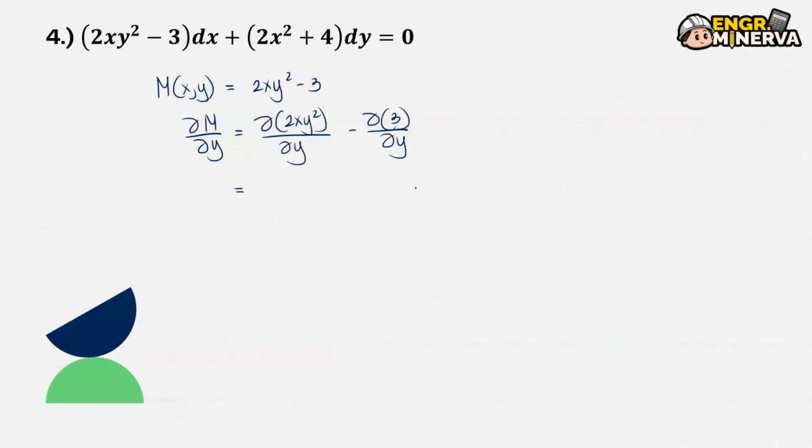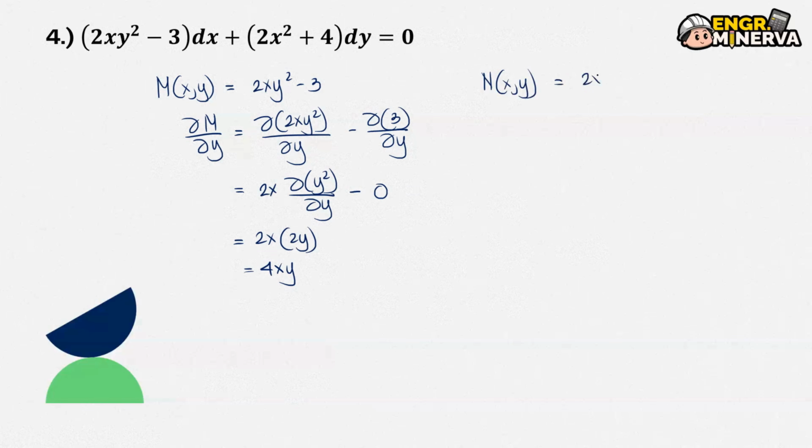Since we are deriving with respect to y, x is constant. The derivative of 3 is 0, so that would be 2x multiplied by 2y, so that is 4xy.